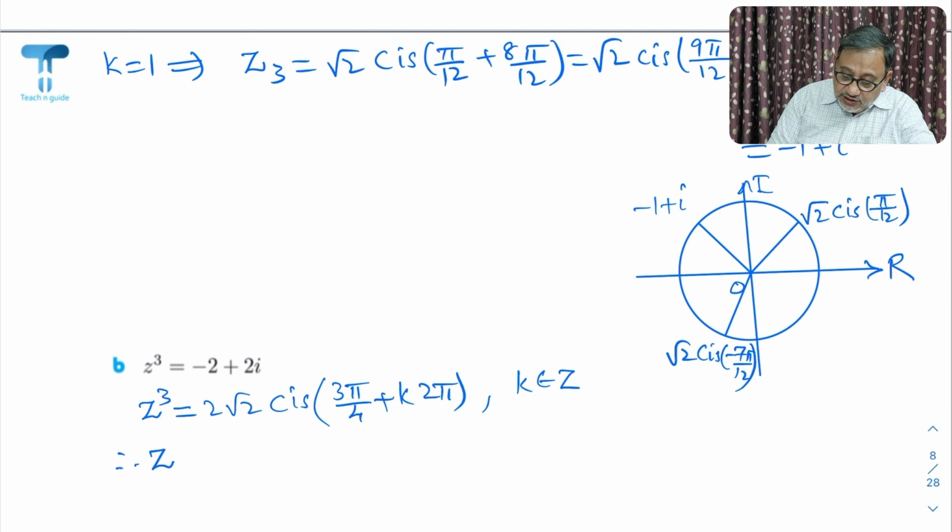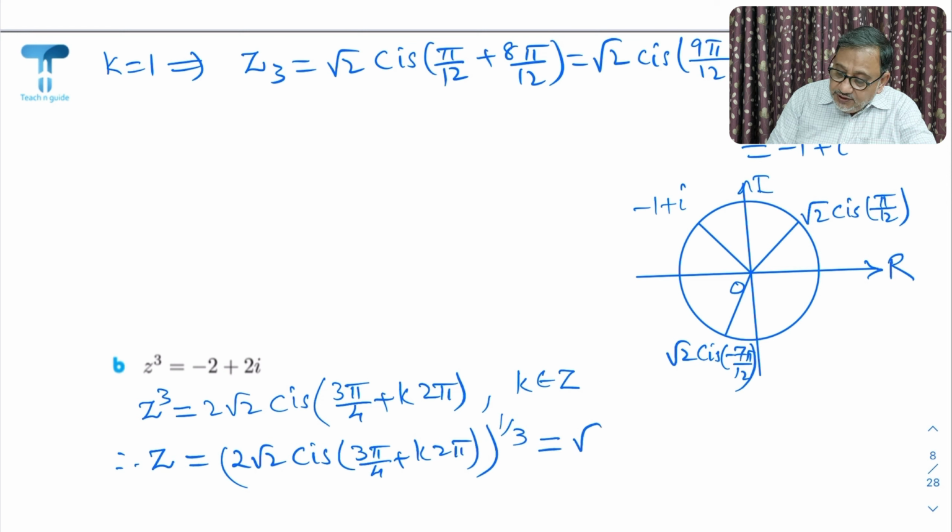So therefore z will be equal to [2 root 2 cis (3 pi by 4 plus k 2 pi)] bracket to the power 1 by 3, okay, which will be root 2, because the cube root of 2 root 2 is root 2, and cis will get multiplied.